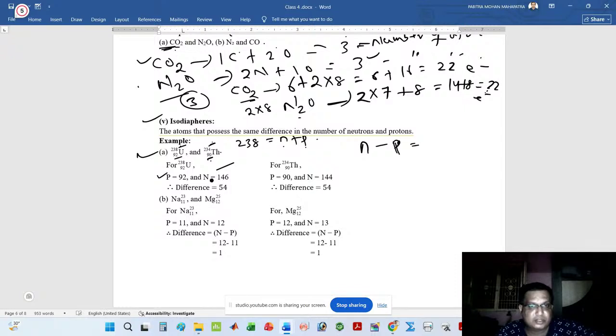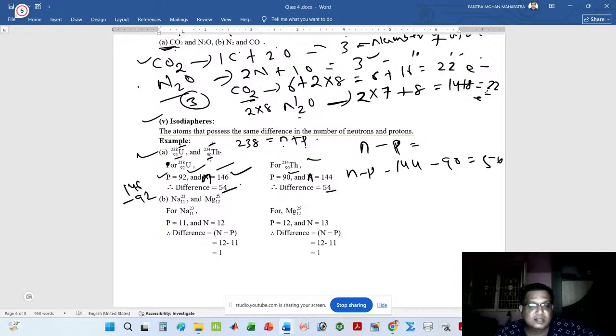Already I have discussed this many times. So n value is 146, small p is 92. The difference is 54, that is 146 minus 92, which is 54. Think about thorium. Your p value is 90, n value is 144. The difference is 54, that is n minus p, 144 minus 90, which is 54.